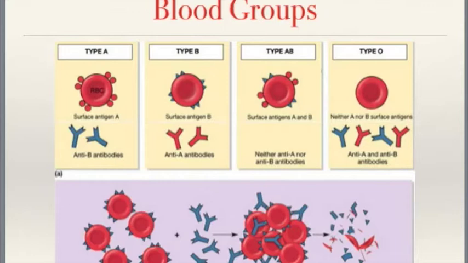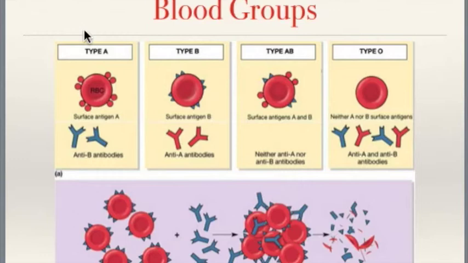It can cause renal failure and a lot of cell death. So, certain antibodies are going to react with certain antigens, okay? And this picture is really helpful because it shows you in blue that these blue antibodies are going to react with these blue antigens, and these red antibodies are going to react with these red antigens.